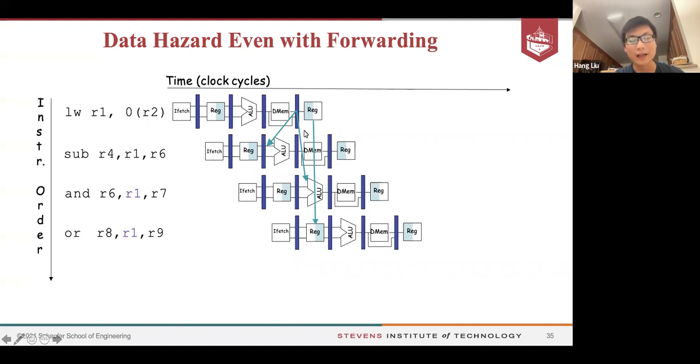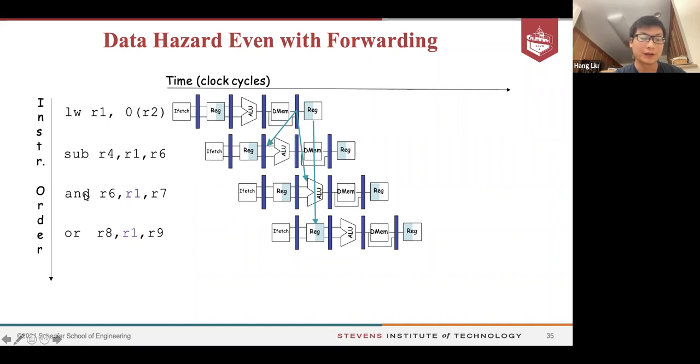Everybody knows that the load only completes after you finish the memory access, right? But the use of R1 happens at the end of instruction decoding, because you have to fetch the value from the register file when you're decoding. So clearly, this needs the data one or even two instructions earlier.